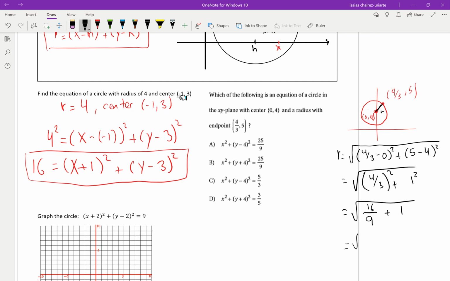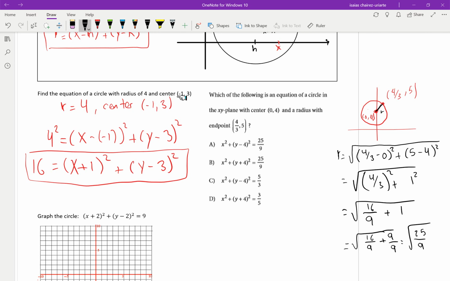And so then that becomes 16/9 plus 9/9, because we are adding fractions, so we need a common denominator. So that is the square root of 25/9. Yeah? So that's my radius. So now let's see if we can put this together.